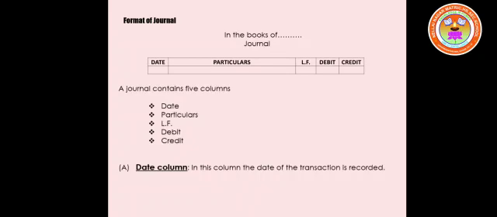When you enter the date, the year must be written at the top, then month and then the date. When was the transaction happened? Next, your debited account name must be entered with the word DR at the end of the row, and your credited account name must be started with the word TO, capital TO.